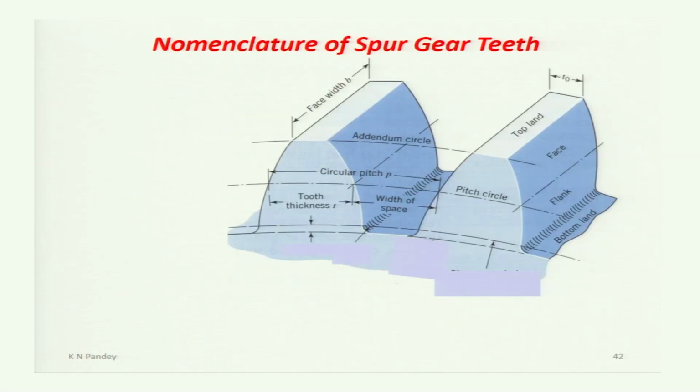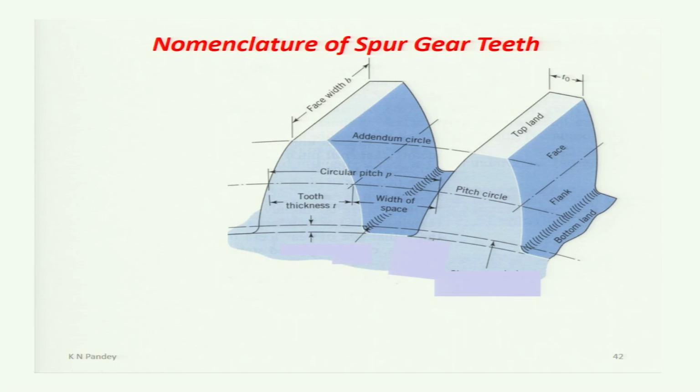First of all, the nomenclature of spur gear teeth. We know that the spur gear profile is made by an involute profile, and after making the gear tooth, it has different parts, and those parts have different nomenclature.